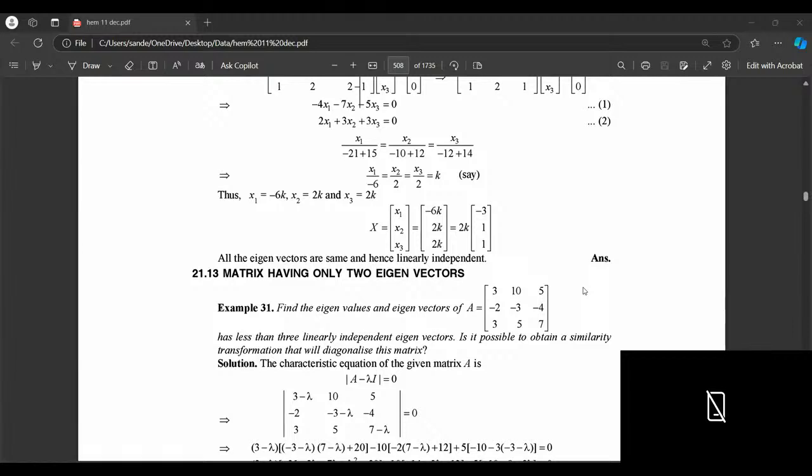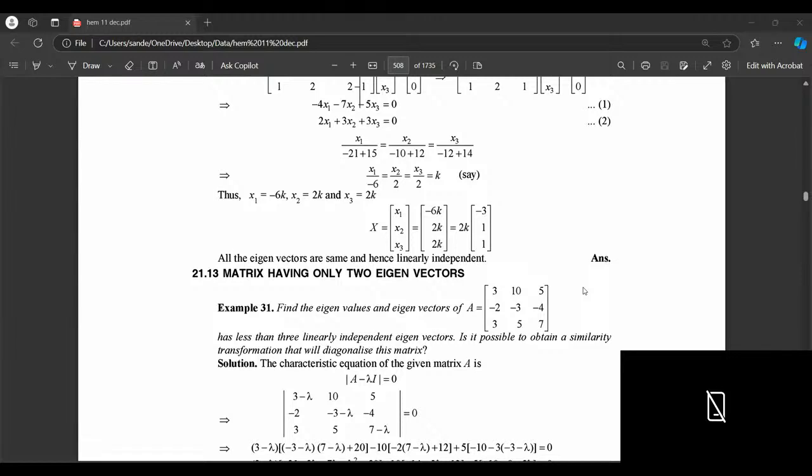If the roots are repeated, you will get all three equations the same. Then in that case you choose x equal to k1, y equal to k2, and you will get z in terms of k1 and k2.